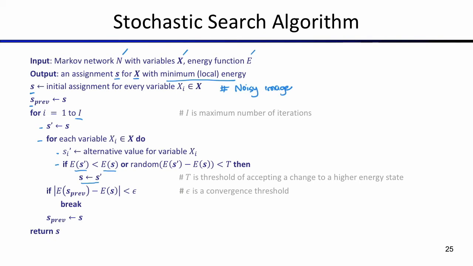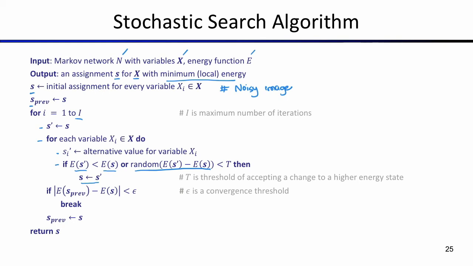There is also another way of changing the assignments, and that's going to be a random decision. So usually this decision is based on the difference of the energy that we have between x prime and S, and if that is smaller than a threshold t, I will accept that. So this is frequently used so we can get away from local minima.